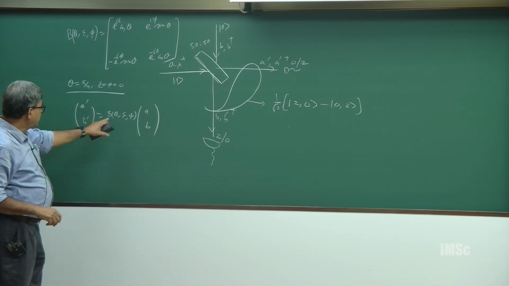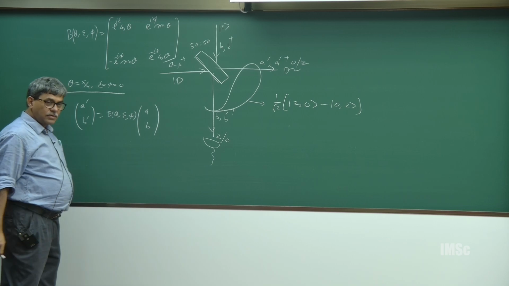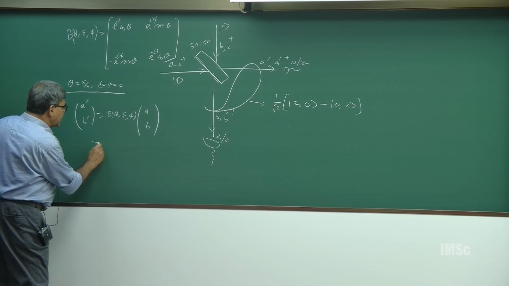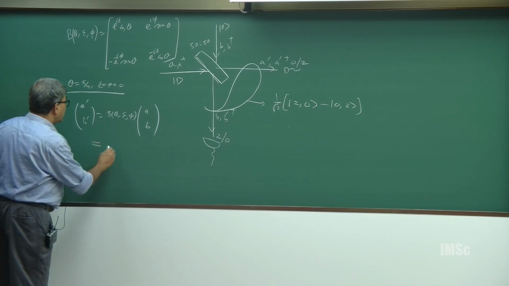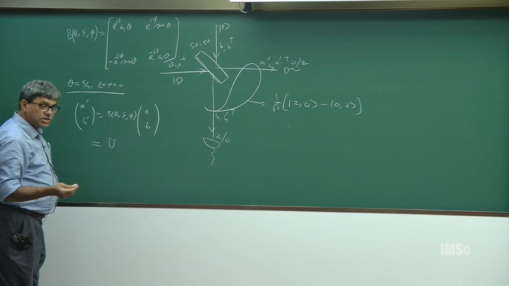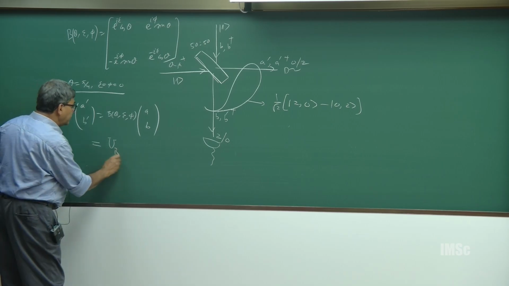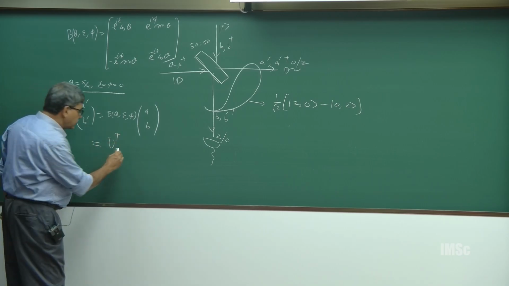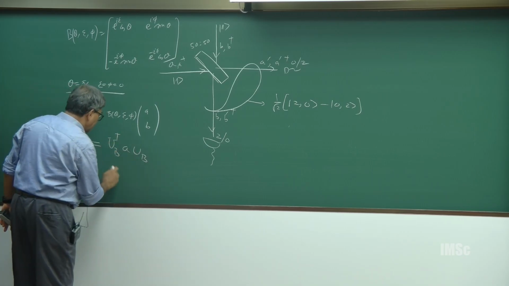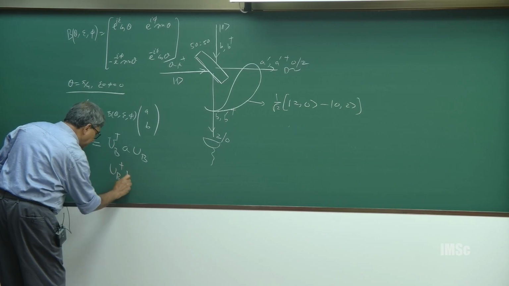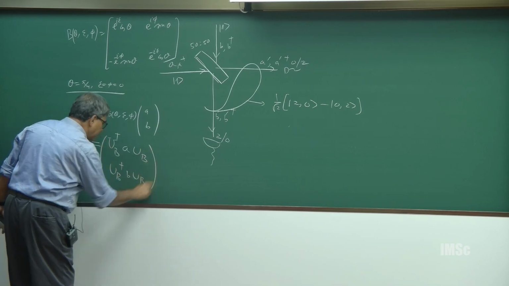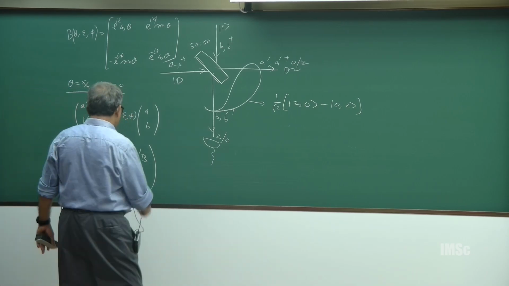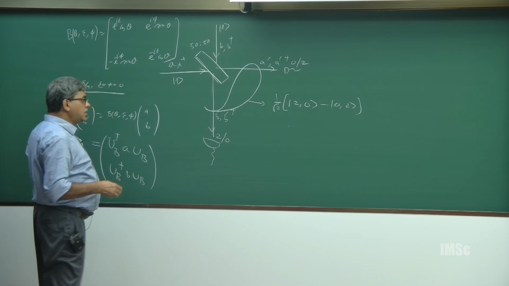I mean, you just take a 2 by 2 matrix. In fact, this is equivalent to the unitary representation of this B. Of course, you will have to take the dagger, because you will have to work in the Heisenberg picture, U_B dagger A U_B, and then U_B dagger B U_B. This is the infinite dimensional unitary representation.